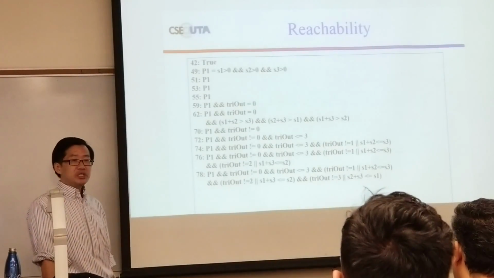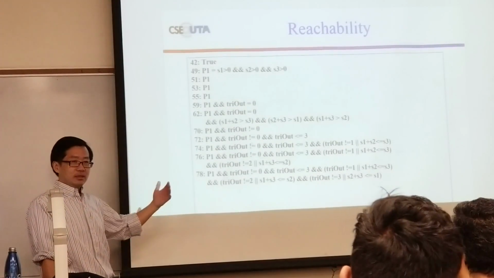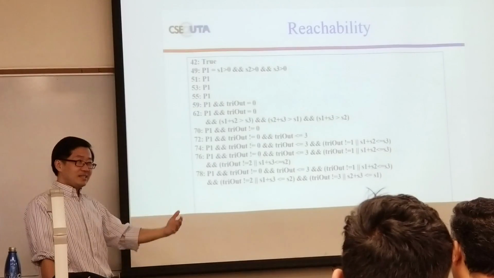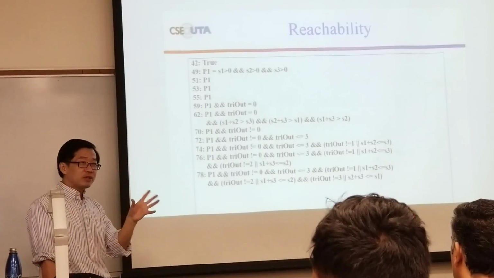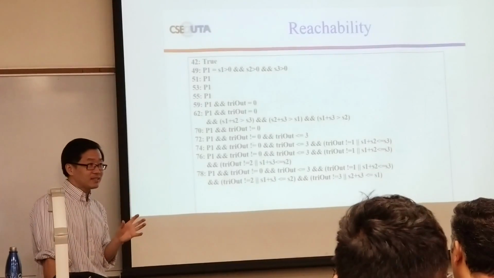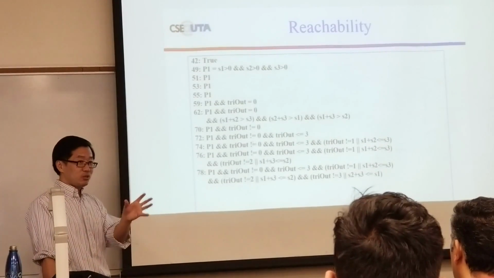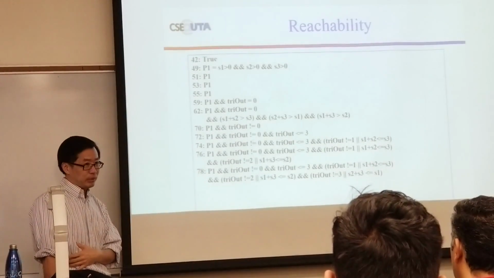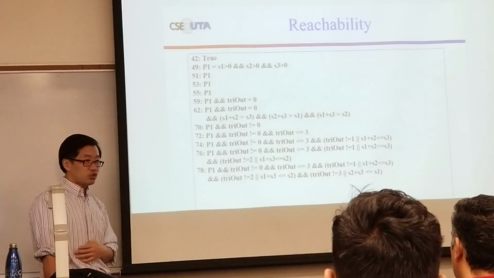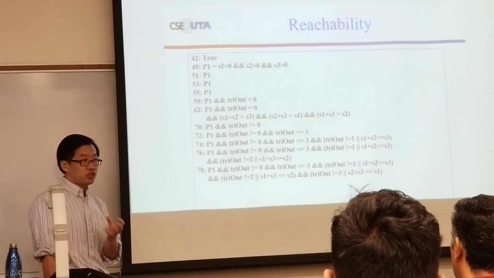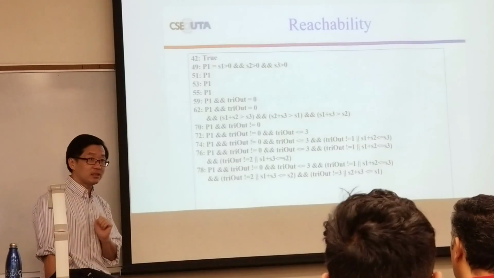Which means the test cases that you're going to generate in the end would have to satisfy the reachability condition. Otherwise, if you give the test case to the program, it is not going to come to the predicate you want to test. So this is an additional constraint you have to consider when you generate test cases for predicate testing.